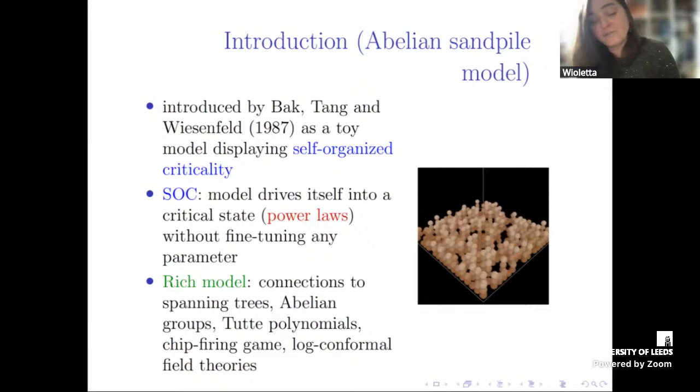It has a lot of nice connections to, for example, spanning trees, which I will explain in a minute. Also from group theory to abelian groups and Tutte polynomials. In the computer science community, it's also known as the chip firing game. And also, which is interesting for us and which is the basis why we will connect it to the fermions, to some logarithmic conformal field theories.